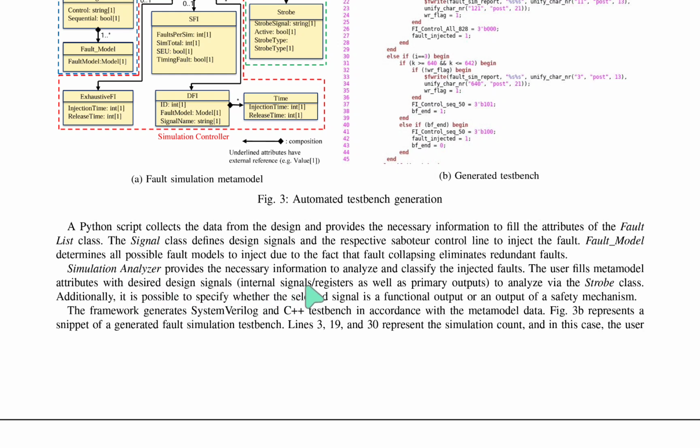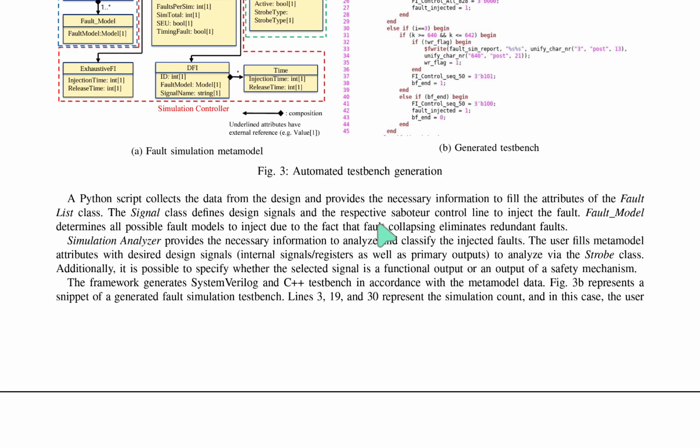The user fills the analyzer model attributes with the desired signals, internal signal registers, as well as the primary outputs to analyze via the strobe class. Additionally, it is possible to specify whether the selected signal is a functional output or an output of the safety mechanism. The framework generates a SystemVerilog test bench in accordance with the meta model data.